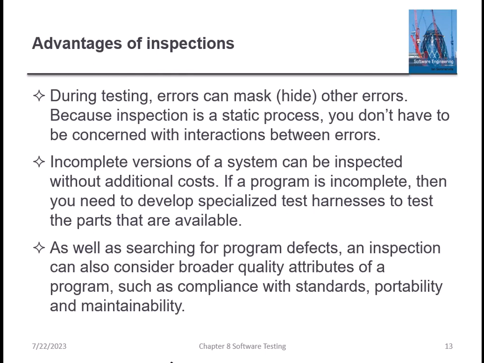If a program is incomplete, then you need to develop a specialized test harness to test the parts that are available. As well as searching for program defects, an inspection can also consider broader quality attributes of the program, such as compliance with standards, portability, and maintainability.